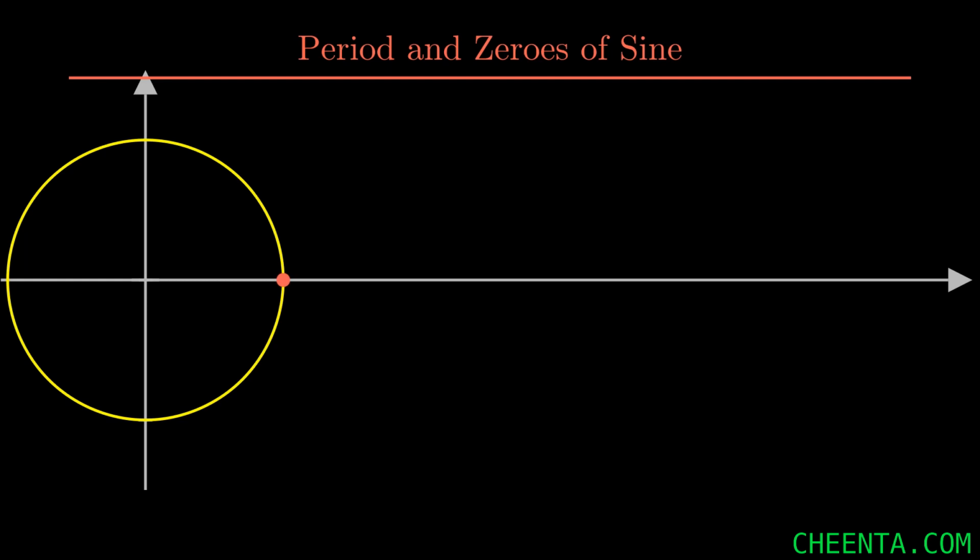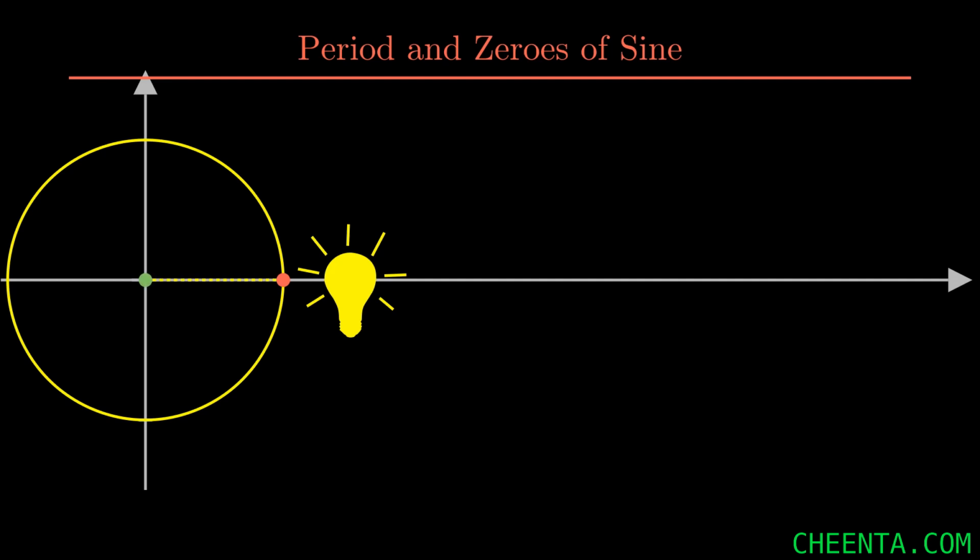Now if I shine a bulb upon the red dot, then the shadow of the red dot will be cast on the y-axis. So here is the perpendicular line, and at the end of the line on the y-axis there will be the shadow of the red dot, that is this green point.